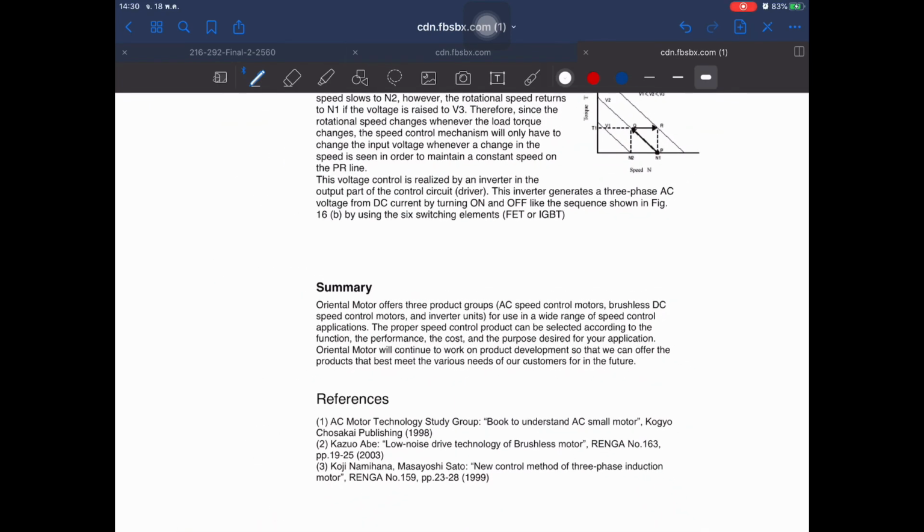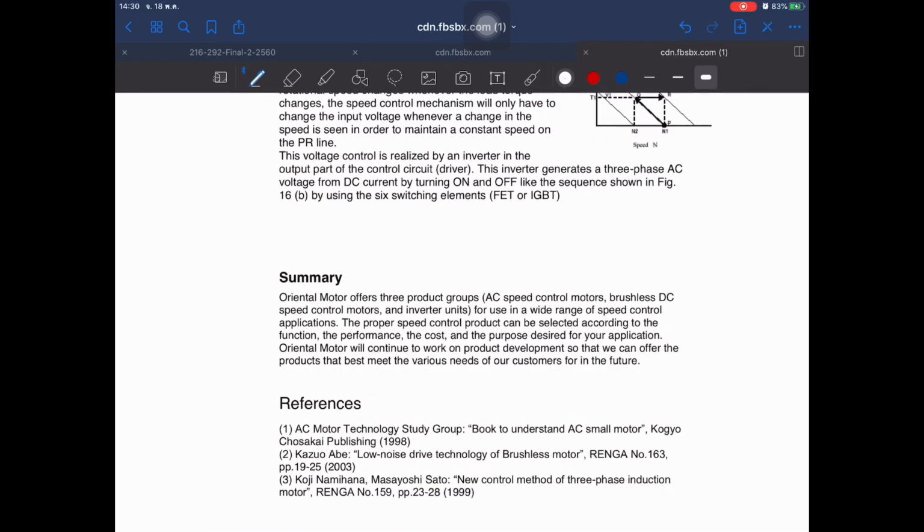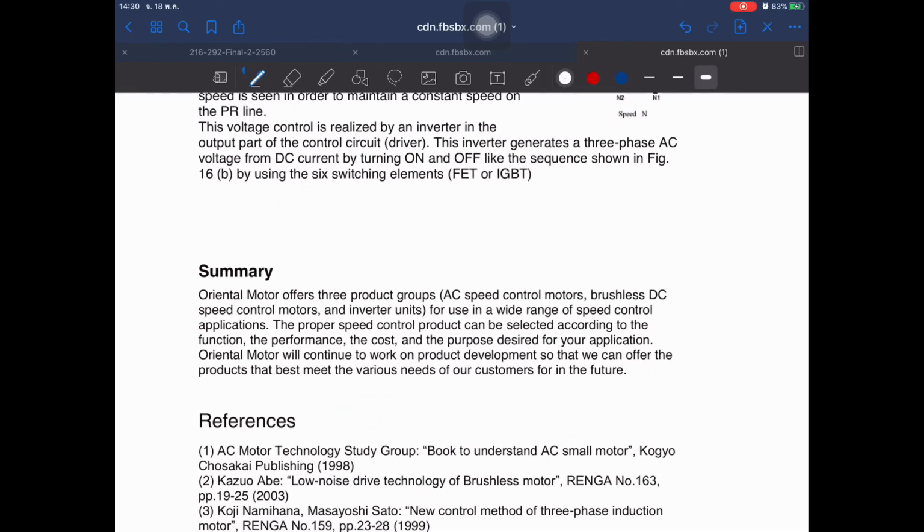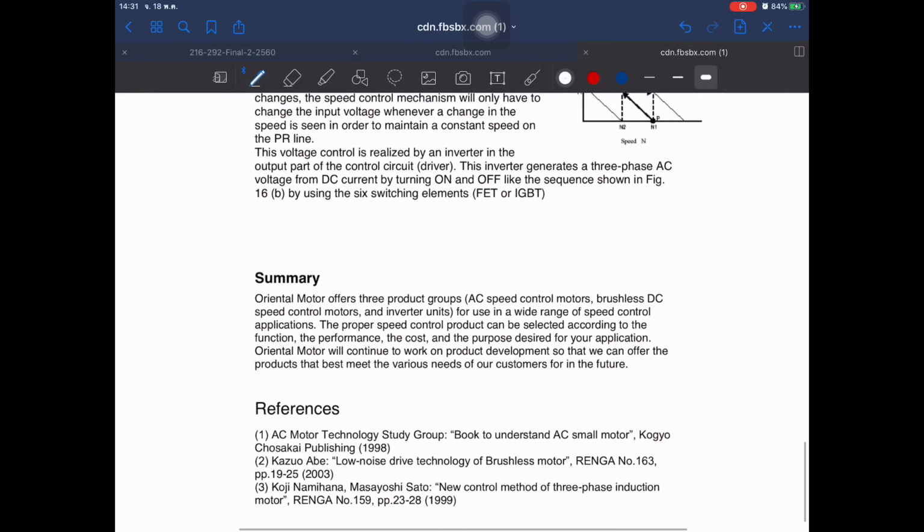And summary: Oriental Motor offers three product groups: AC speed controller motor, brushless DC speed controller motor, and inverter unit for use in a wide range of speed controller applications.